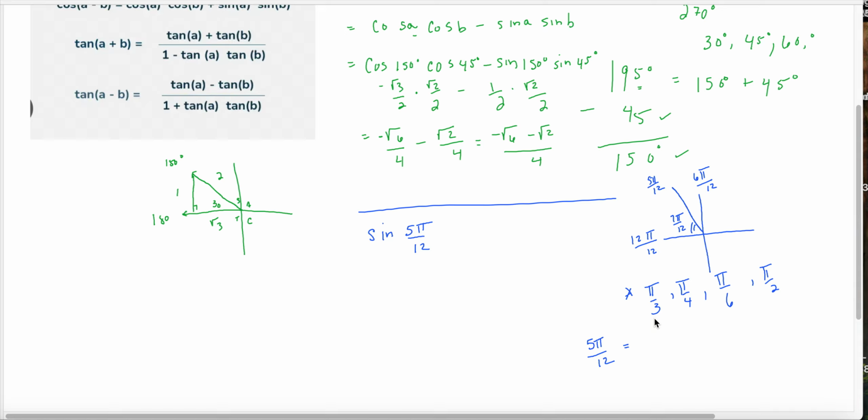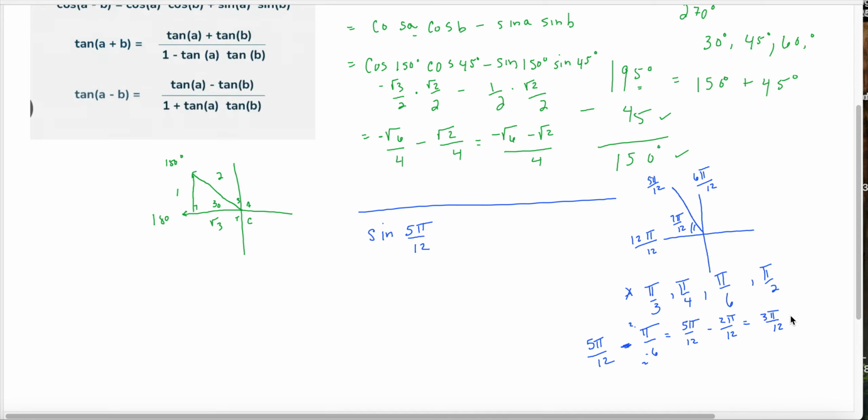I'm going to grab pi over 6. So if I subtract pi over 6, what results? I would need a common denominator, so I'd have to multiply by 2, top and bottom, right? So this would be 5 pi over 12 minus 2 pi over 12. 5 minus 2 is 3, so 3 pi over 12 would be the difference.